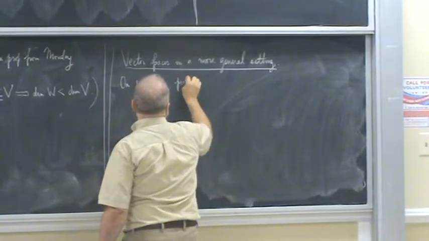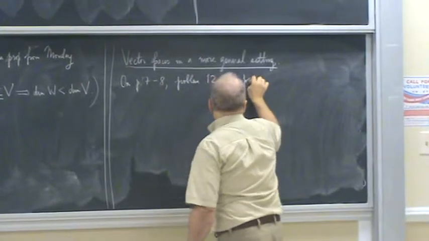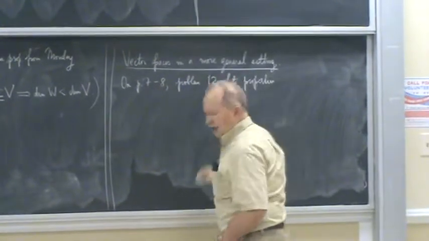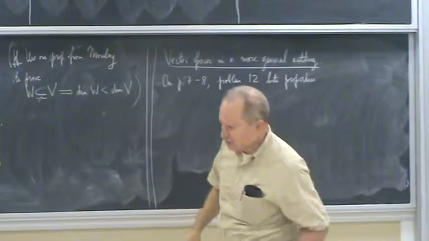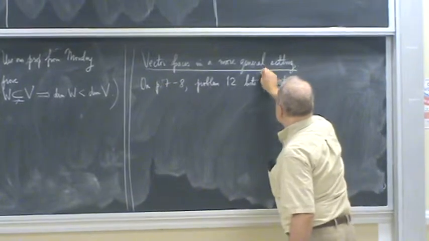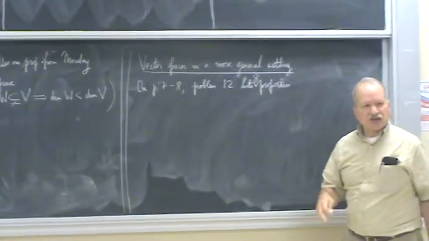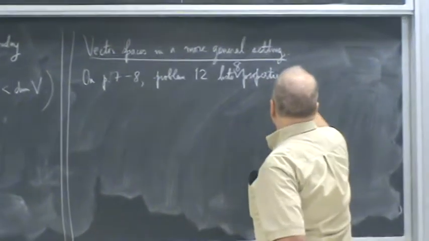Problem 12 lists properties. I think there's 8 or 9 of them. I never remember. 1, 2, 3, 4, 5, 6, 7, 8. 8 properties that vector addition and scalar multiplication have to satisfy.